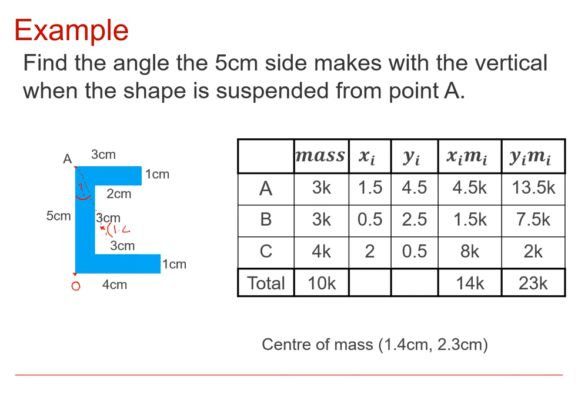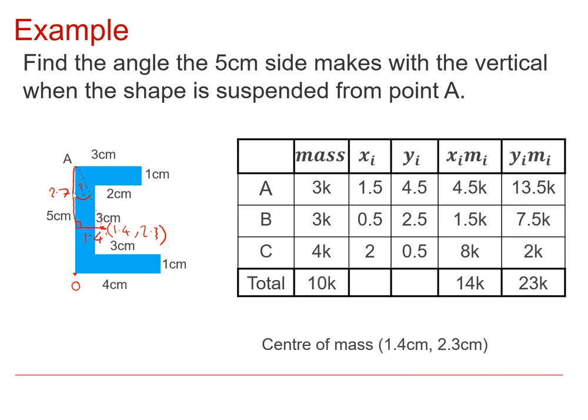That's (1.4, 2.3). So that means that this length here is 1.4, and that's forming a right angle triangle there, and that length is this whole 5 minus that 2.3, so that's 2.7. All these units are centimetres, of course.